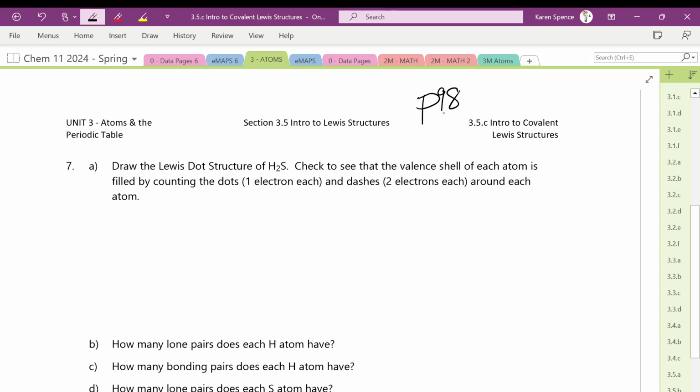Hydrogen is an exception with bonds. Once you've done number 7, you can read number 8.